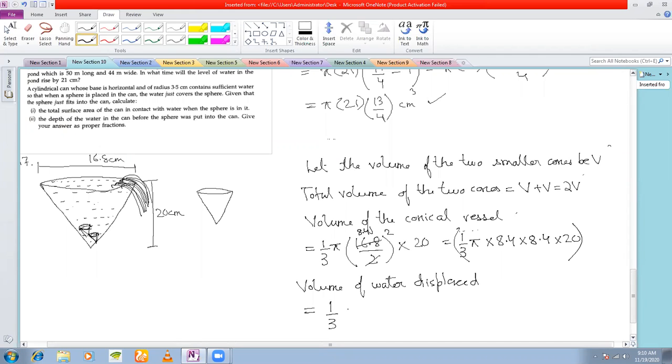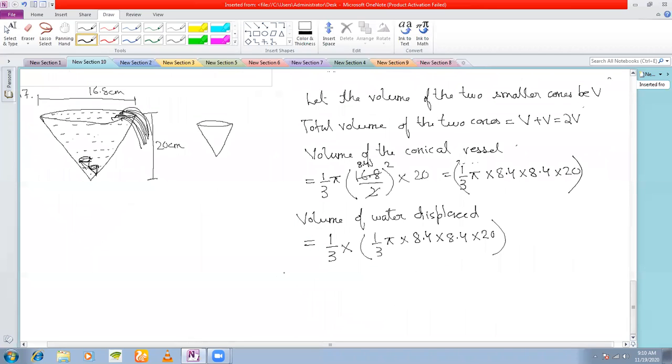One third into what is the total volume here? One third pi into 8.4 into 8.4 into 20. This is the total volume of water that is displaced when the two cones are submerged. Let us calculate the volume of the water that is displaced here.